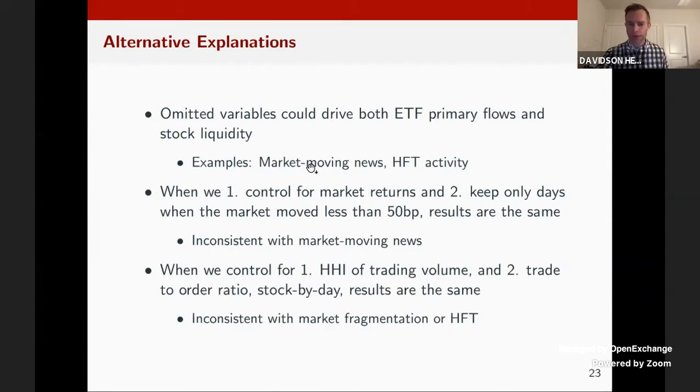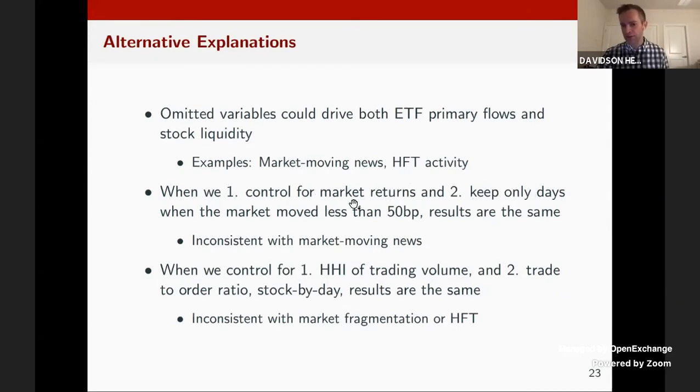So to get a handle on that, we controlled directly for the returns of the market on a given day, interacted with the liquidity quintile main effects. And in a second exercise, we actually just dropped all days out of the data where the market moved more than 0.5%. So these are relatively quiet, stable market days. And in the first case, the results are unaffected.